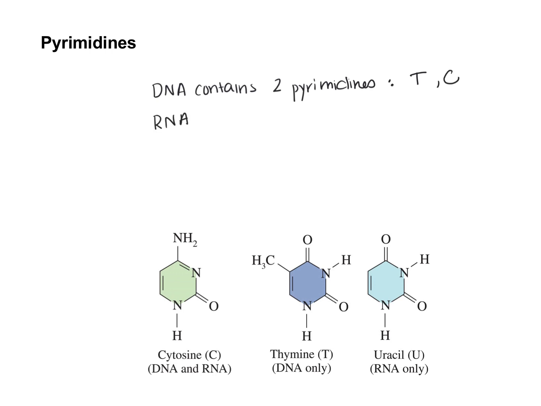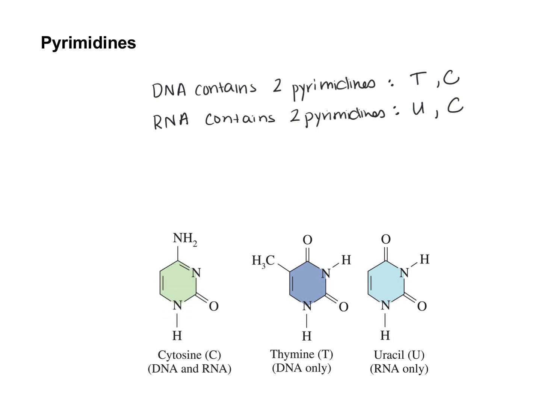RNA contains 2 pyrimidines, and those pyrimidines are uracil and cytosine. What we find here is that uracil is substituted for thymine in RNA.